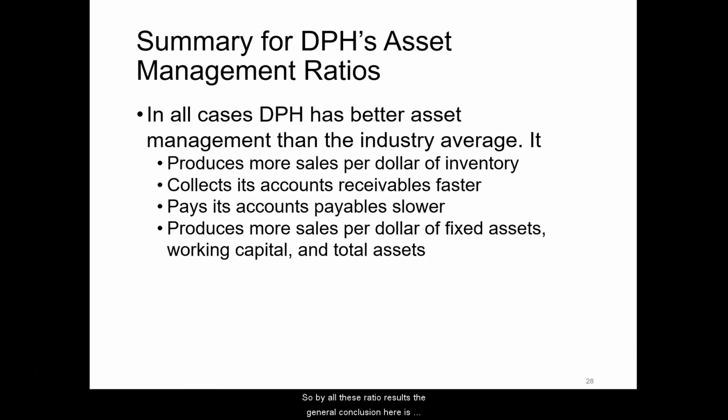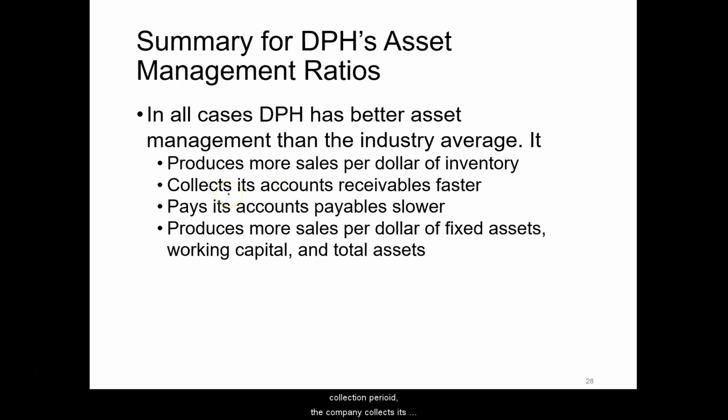So by all these ratio results, the general conclusion here is this company has a little bit better asset management than the industry average. The results show that per dollar of inventory, the company produced more sales.